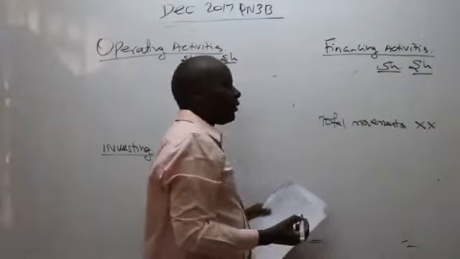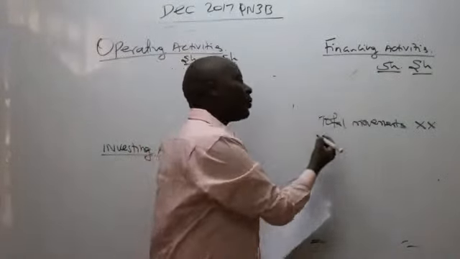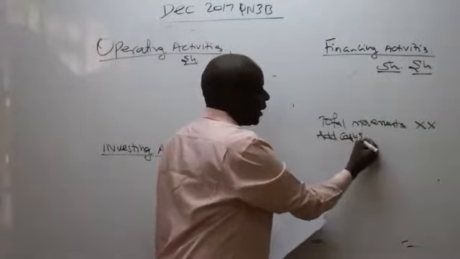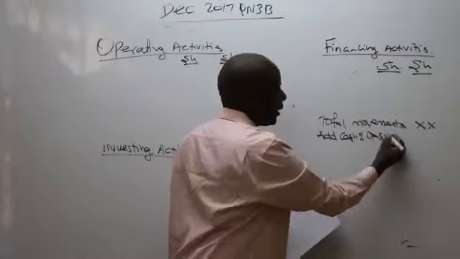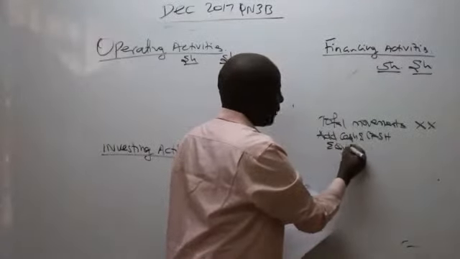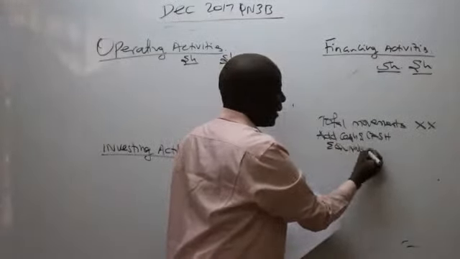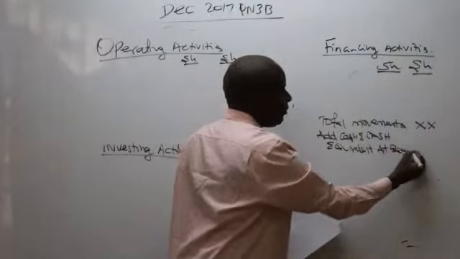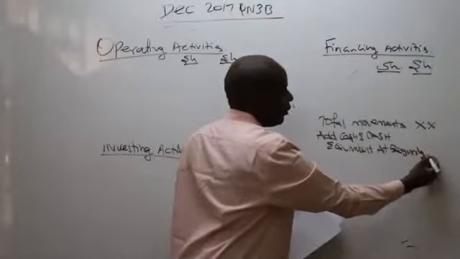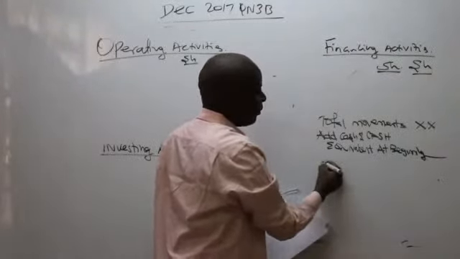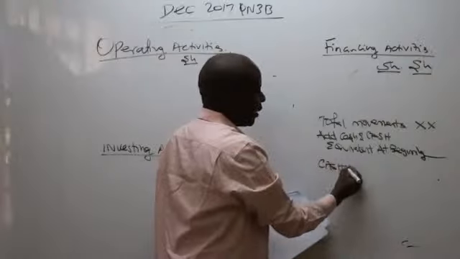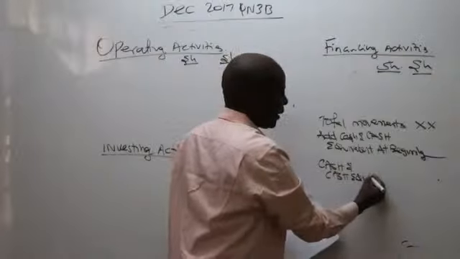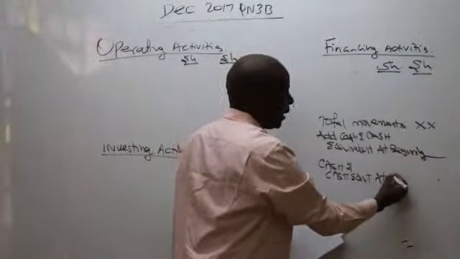Then I add cash and cash equivalents at the beginning, and I should get the cash and cash equivalents at the end.